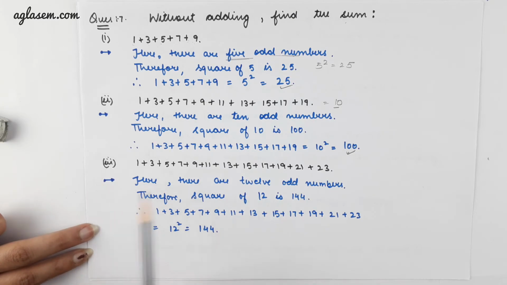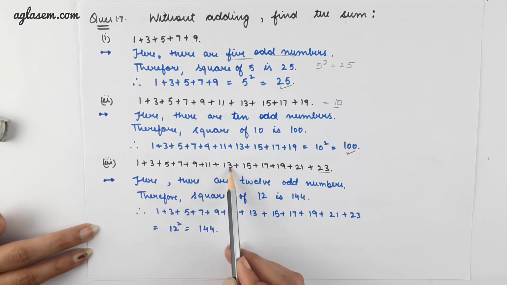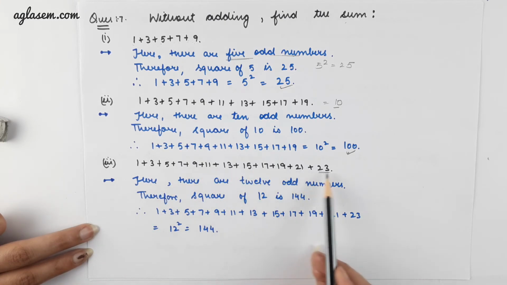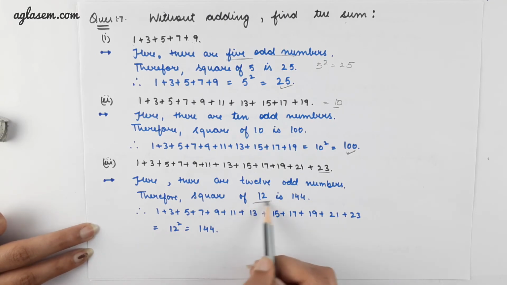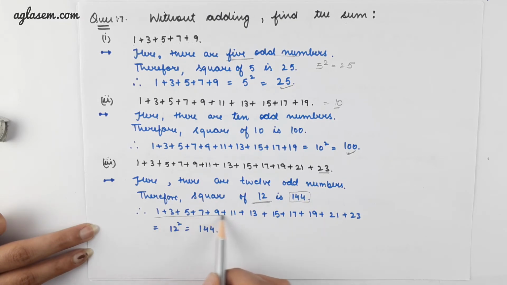Coming to the third part, the sum of 1 plus 3 plus 5 plus 7 plus 9 plus 11 plus 13 till 23. Count the odd numbers present here: 1, 2, 3, 4, 5, 6, 7, 8, 9, 10, 11, 12. 12 odd numbers are here. The square of 12 is 144. Therefore, the sum of this series is 144.